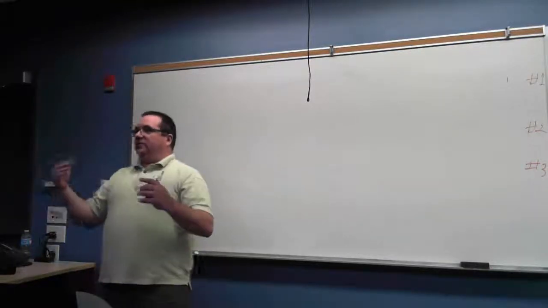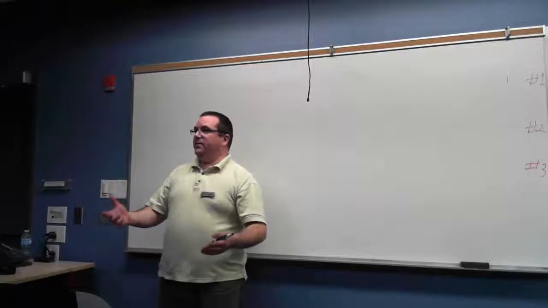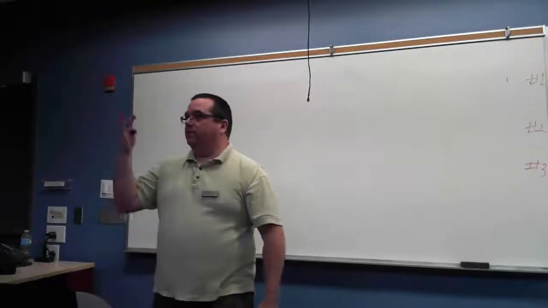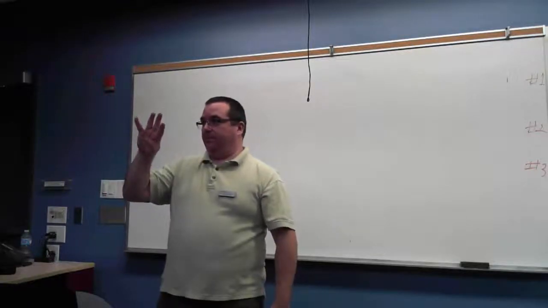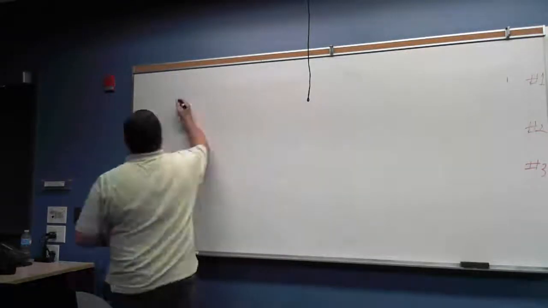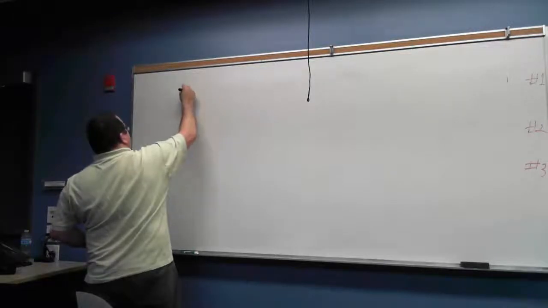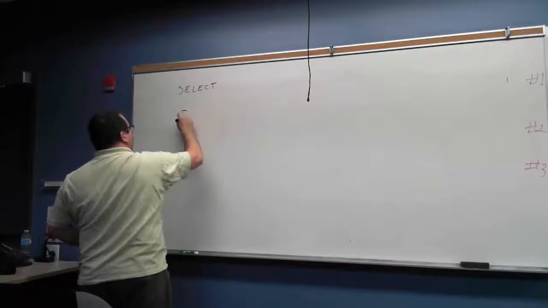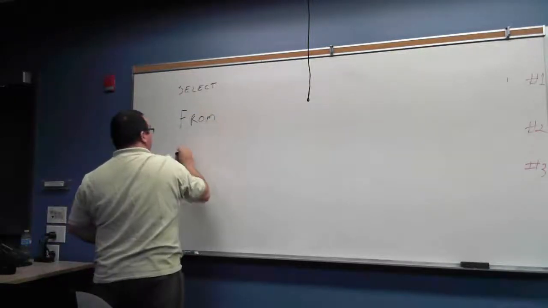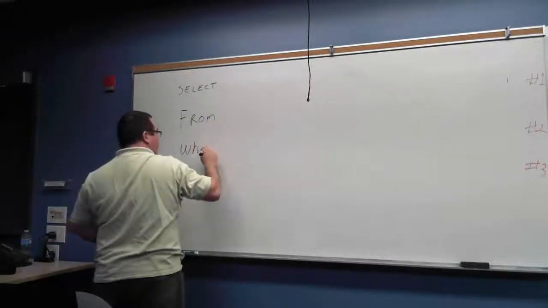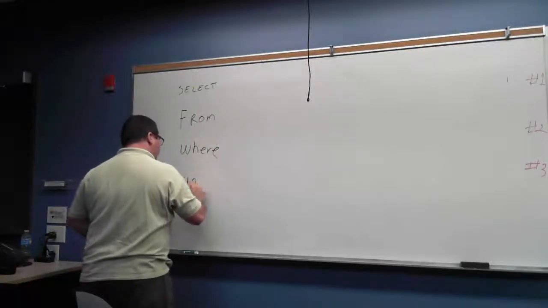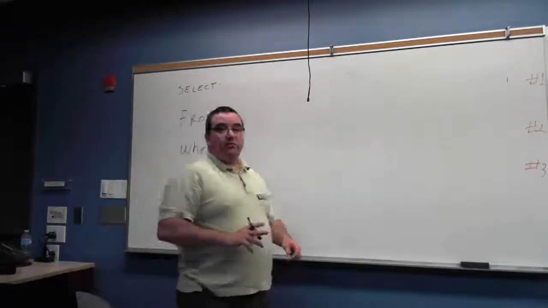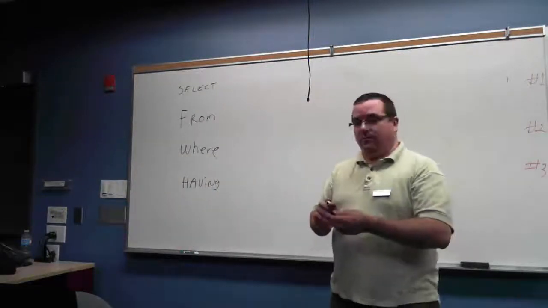I don't know what they covered in your lab. Did they cover the 3 places a subquery can be run? Actually, 4 places. You can run a subquery in any of those places.